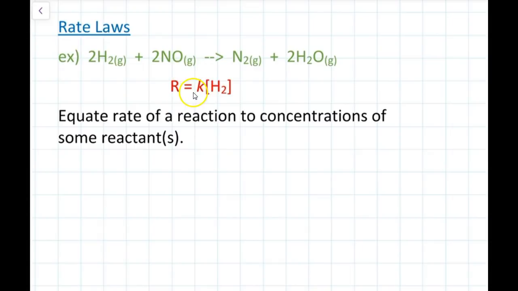In this case it says R equals K times concentration of H2. Well, what does that mean? A rate law simply equates the rate of a reaction, so that's R, to the concentrations of some of the reactants. Sometimes we're going to look at all the reactants, sometimes we're just going to look at one at a time. In this rate law, you can see that we're just looking at hydrogen, even though there's also some NO present in this reaction.